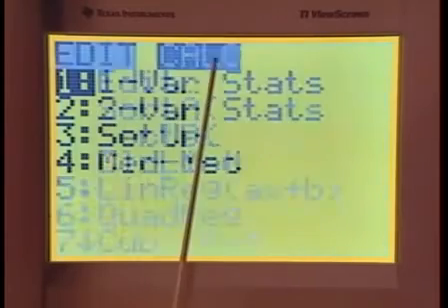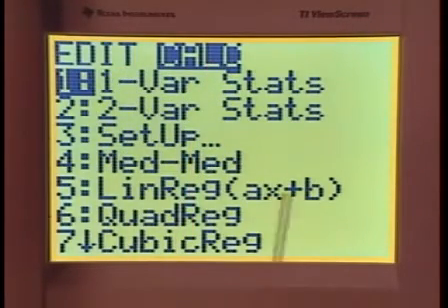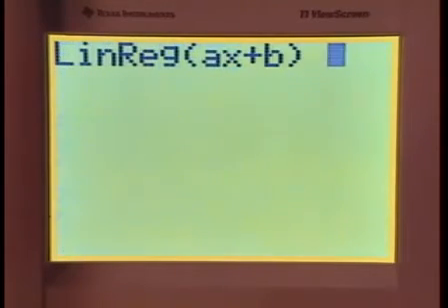We go to statistics, we go to calculate, and we suspect it's a linear function, y equals ax plus b, where a is negative because the slope comes downhill. So we select 5, and now we need to place the lists of the data where it's stored. L5 contains the x, comma, and L6 contains the y.